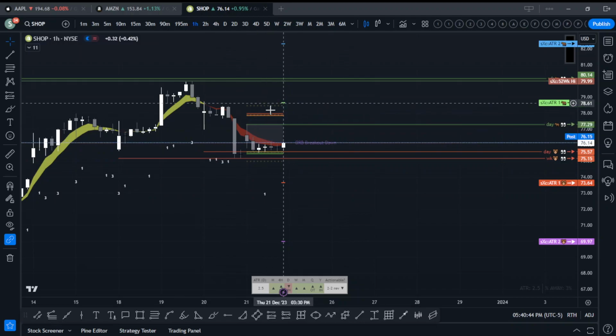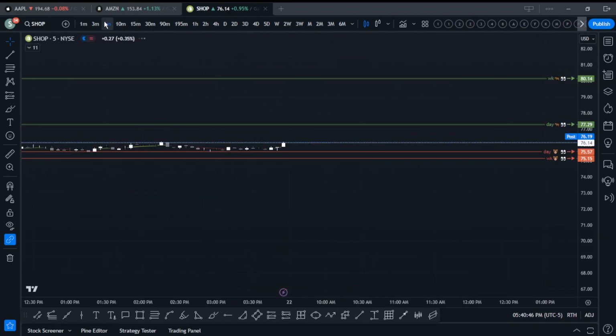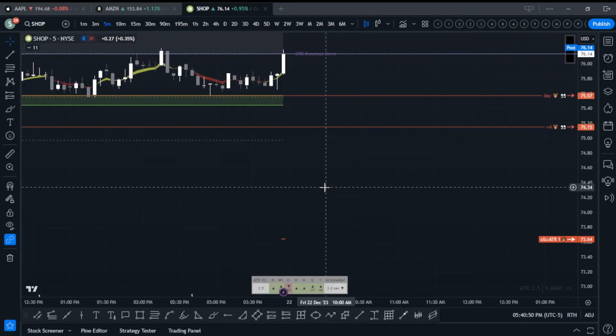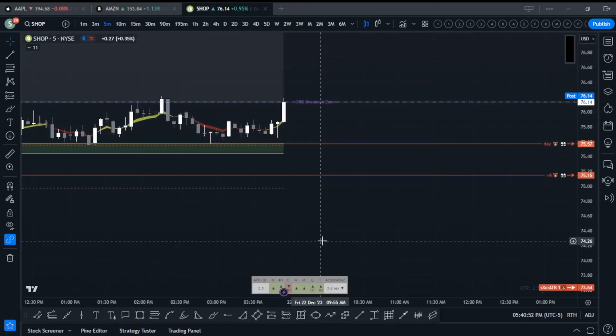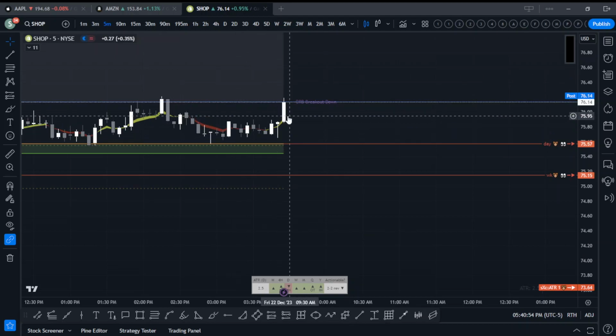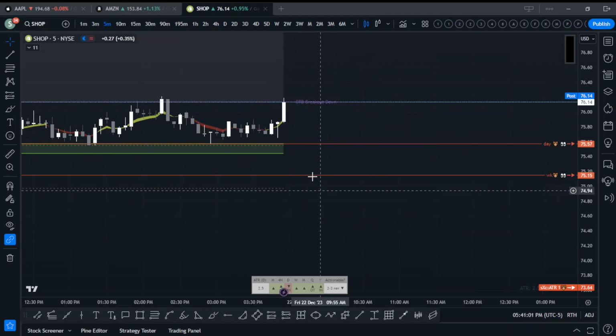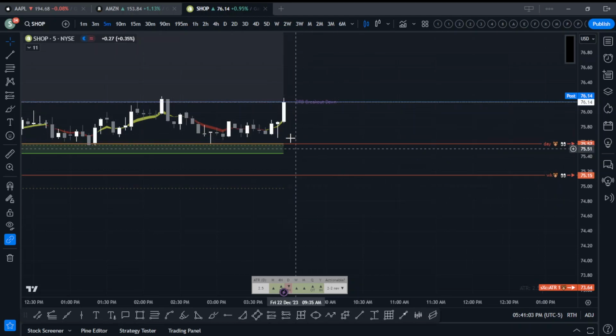It could also do a death cross or golden cross on a fast time frame, like the 5 minute. So currently right now it's in a golden cross. If it could maybe death cross back down to the downside, then that would also be a trick that it can do for more bullish or bearish sentiment.